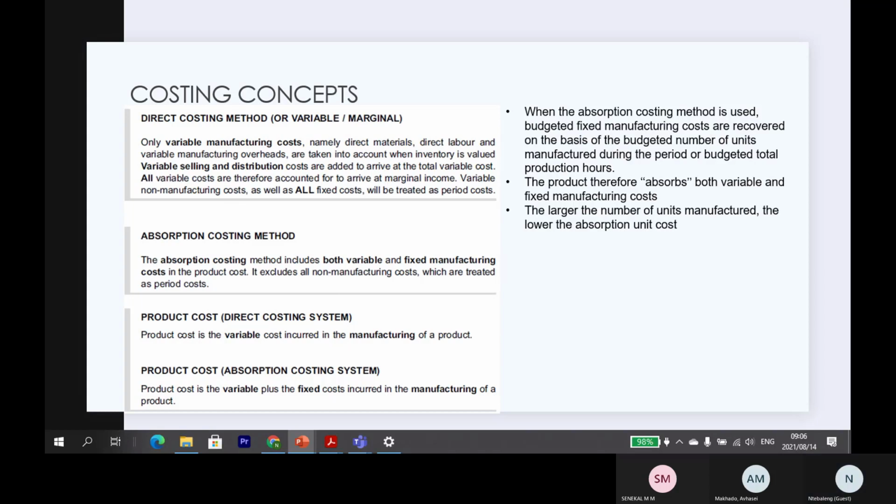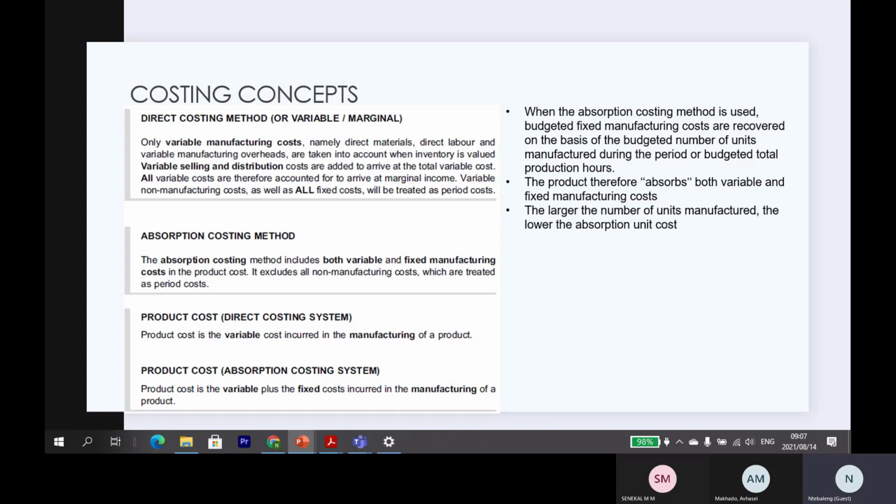Your direct material, direct labor, and variable manufacturing overheads are taken into account when you value your inventory. Variable selling and distribution costs are added to arrive at the total variable cost.